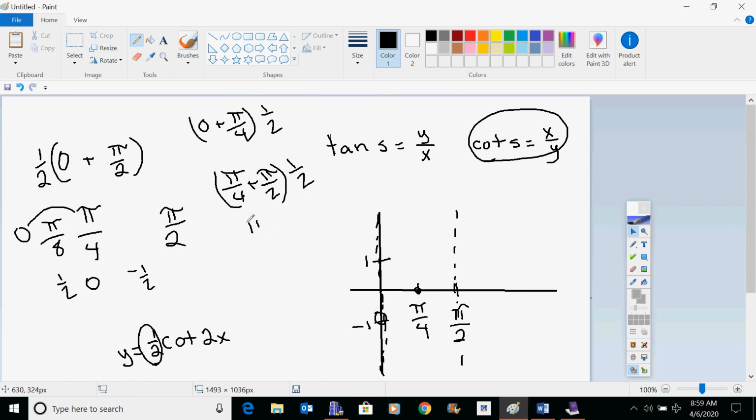Okay, so pi over 4 plus 2 pi over 4 gives 3 pi over 4 times 1/2. 3 pi over 4 times 1/2 is 3 pi over 8. And so these are the values that go with these. These are your asymptotes.